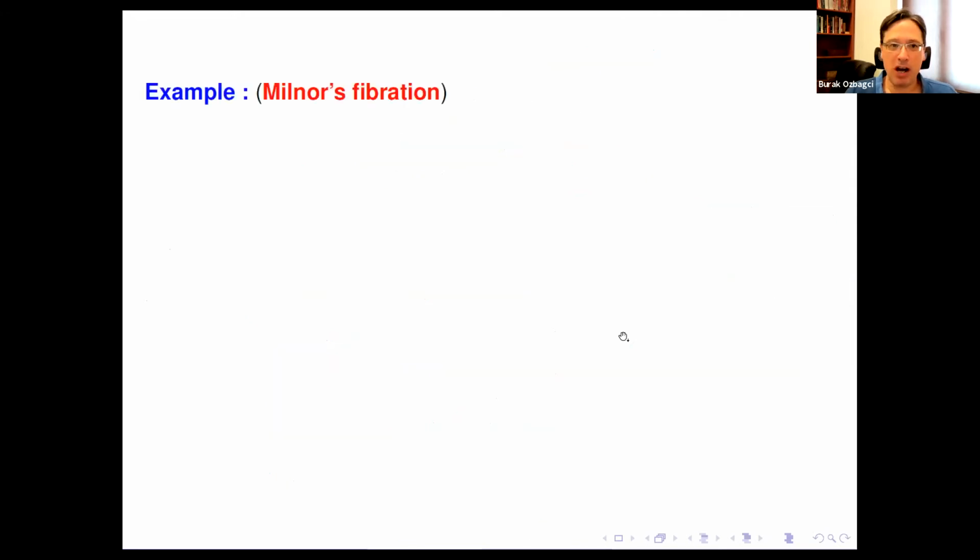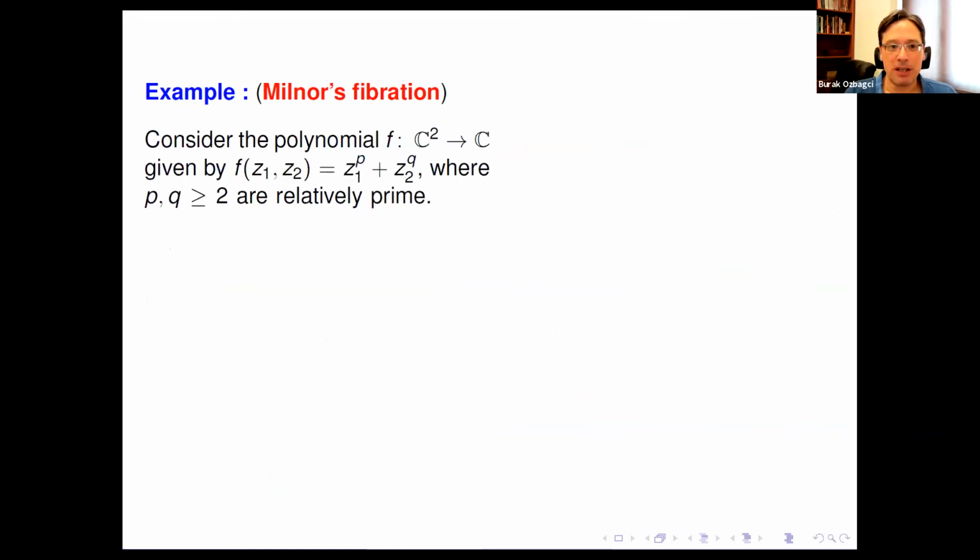So let's have a more concrete example rather than schematics. This is Milnor's fibration. Consider the polynomial f from C2 to C given by (z1, z2) mapped to z1 to the p plus z2 to the q, where p and q are coprime.